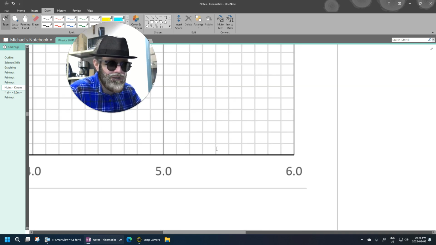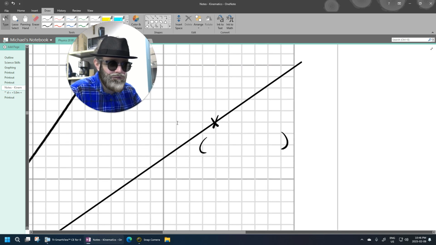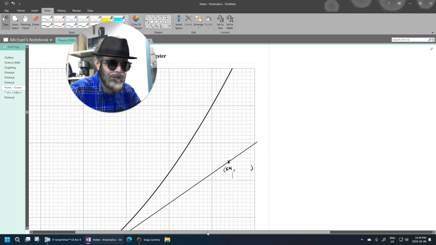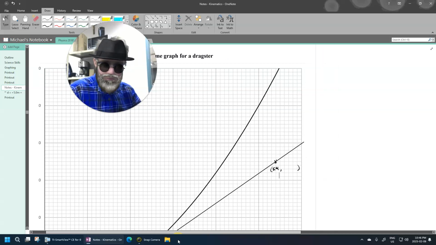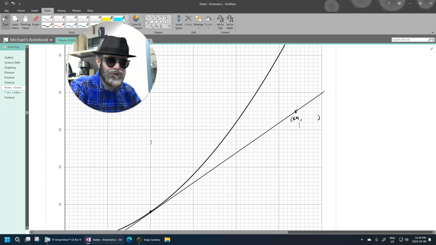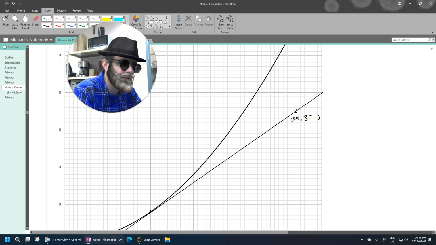So this is at 5.4 seconds, comma, and I got to zoom out a bit for the other side. 10, 20, 30, 1, 2, 3, 4, 5, 35. Cool. 35 meters up.